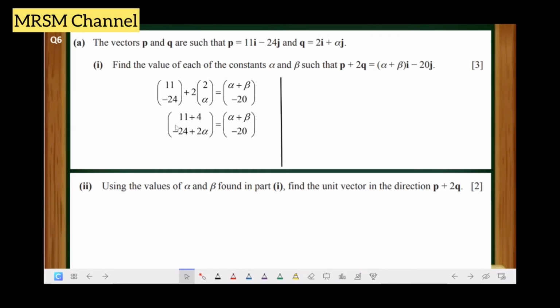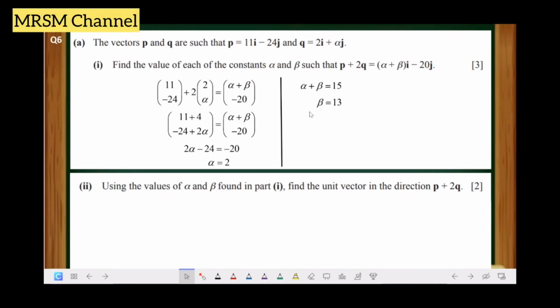You equate this first to find alpha, so alpha is equal to 2. Once you have alpha equal to 2, then you compare 11 plus 4 with alpha plus beta. So alpha plus beta is equal to 15. Alpha is equal to 2, therefore beta is 13.